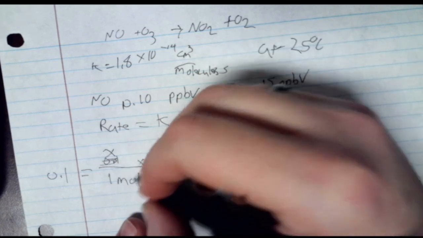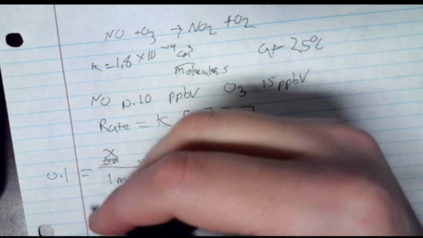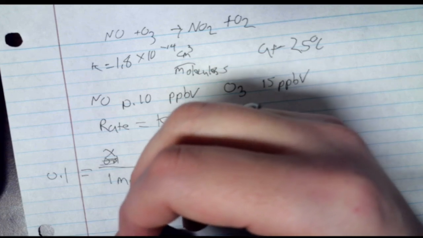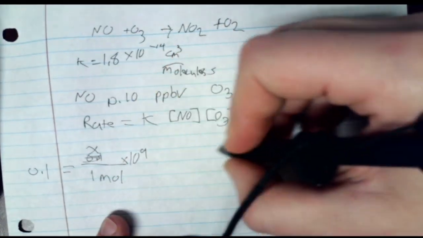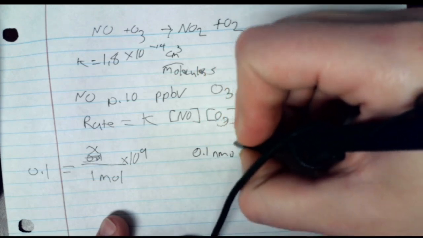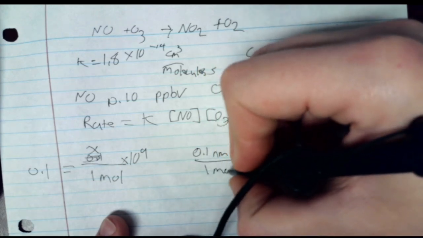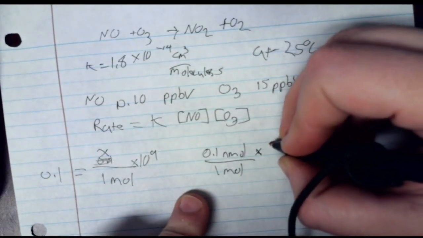Converting whatever our number is, you're going to get a really small number. So essentially this is a nanomole. This would be 0.1 nanomole per 1 mole. We need to convert this into molecules.